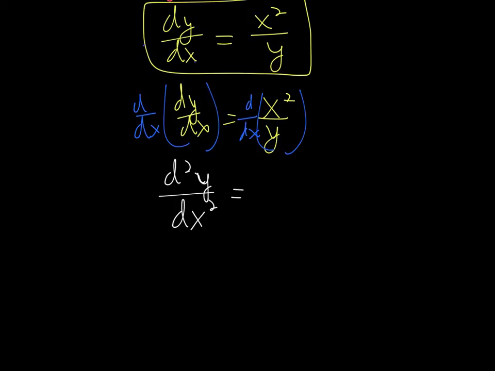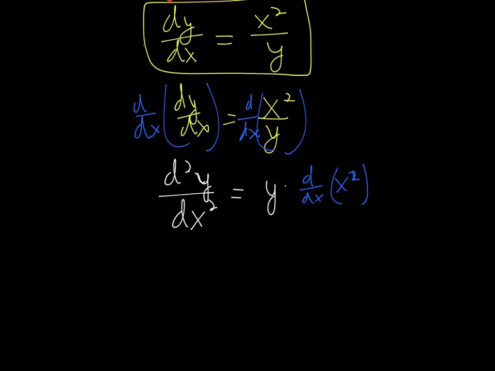So if I'm doing my quotient rule, I'm going to end up with denominator times derivative of the numerator, which I'm going to write as derivative of x squared. I just sometimes like to note that I need to do the derivative.